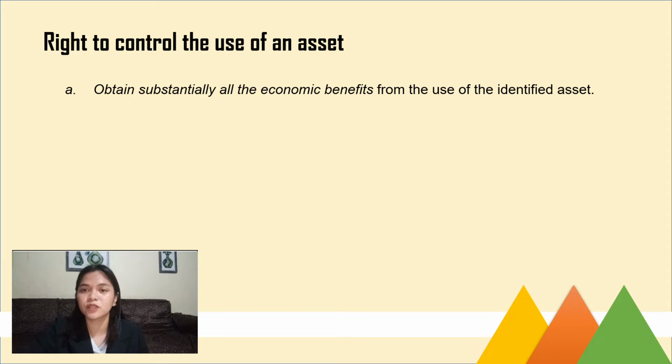Of course, dun sa first floor is maraming rooms yon. Kunyari, there are 5 rooms. So, pwedeng ipa-sublease yon ni lessee. Of course, kikita yon. And yung kikitain mula doon is exclusive lang kay lessee. Sa kanya lang lahat yung kikitain doon.